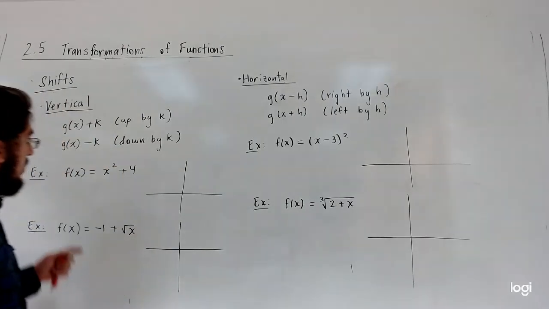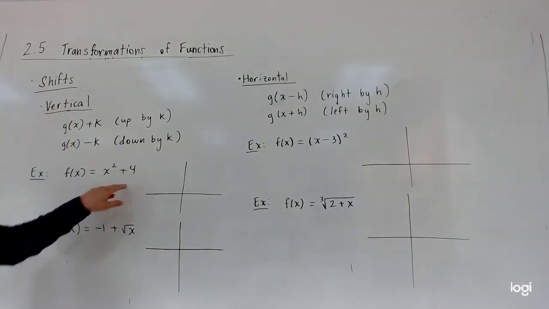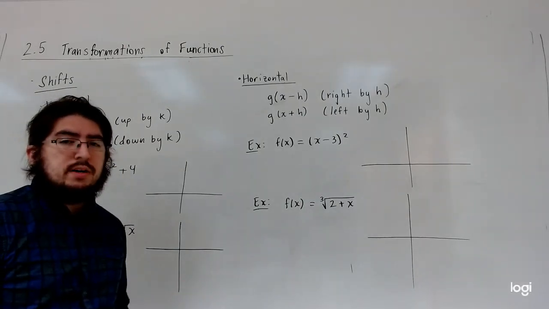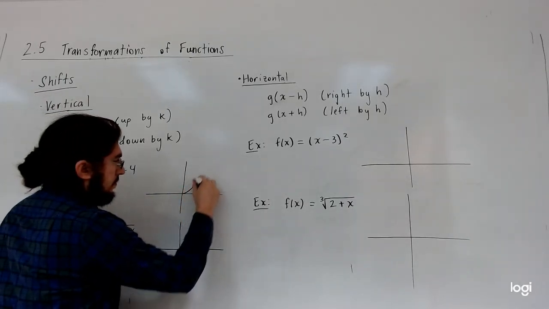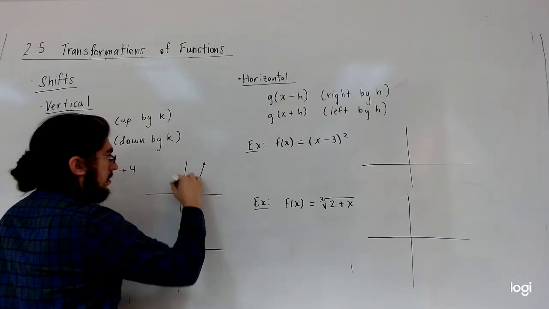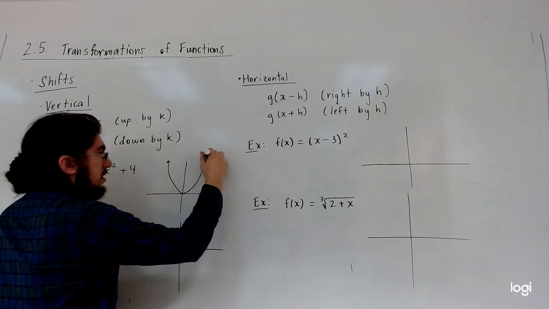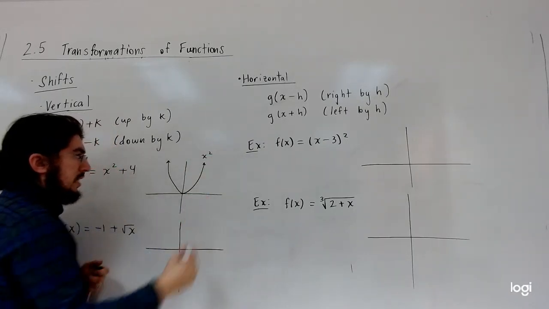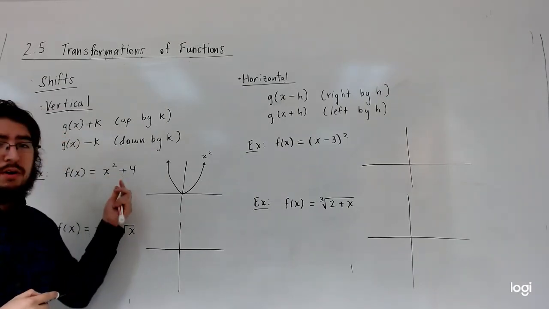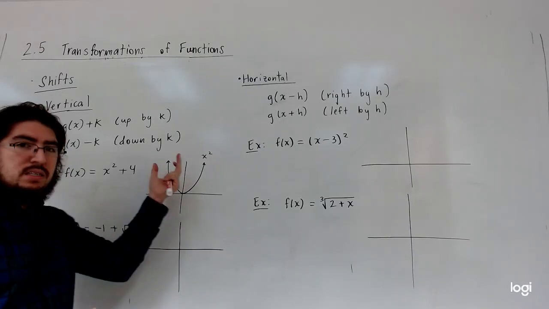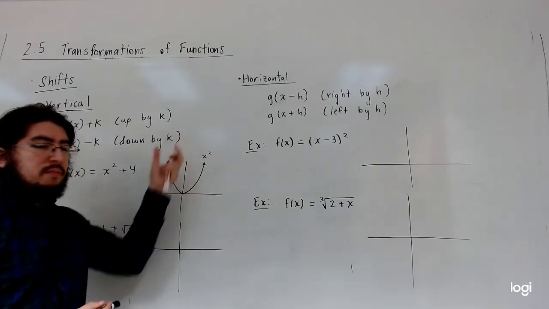So let's first consider x squared plus 4. Here our g of x is x squared. So consider the parent function x squared. This is just g of x equals x squared. That's not the function we want to graph though. We want to graph x squared plus 4. So what we're going to do is grab this function and shift it up 4 units.